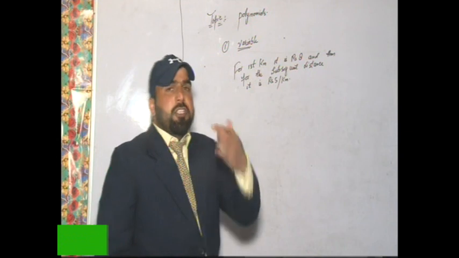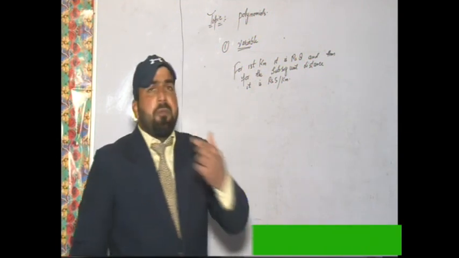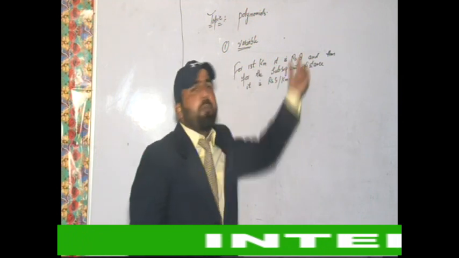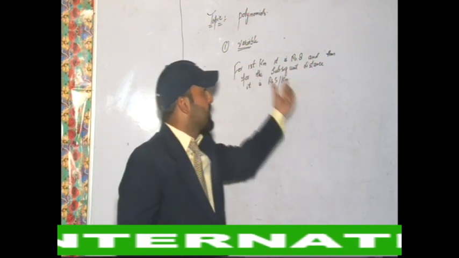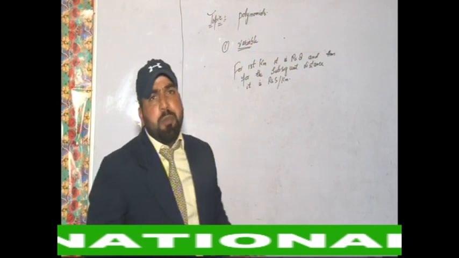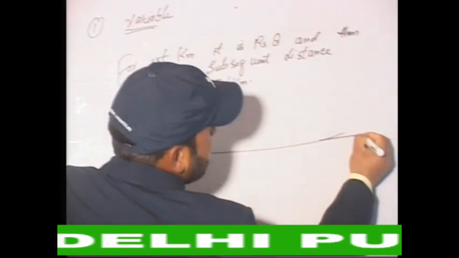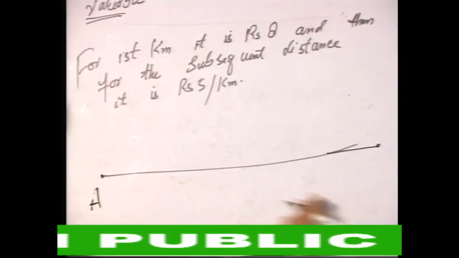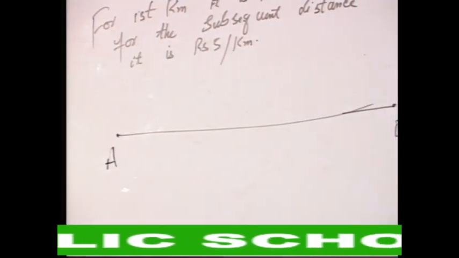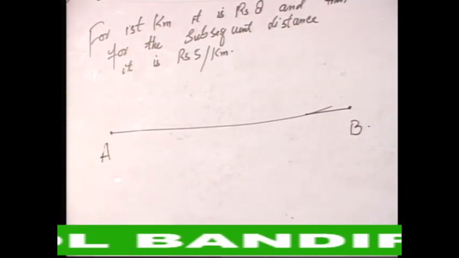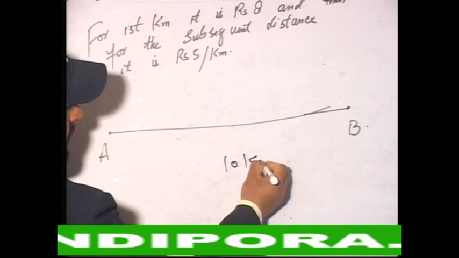Suppose a man hires a car. The car fare is as follows. For the first kilometer, he has to pay rupees 8. Then for the subsequent distance, he has to pay rupees 5 per kilometer. Suppose this is the distance between the railway station and his home, which is 10 kilometers.